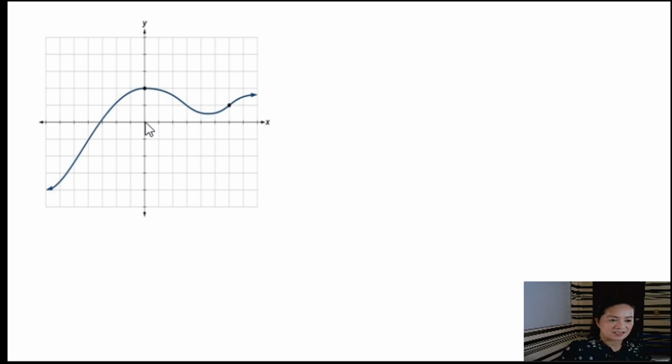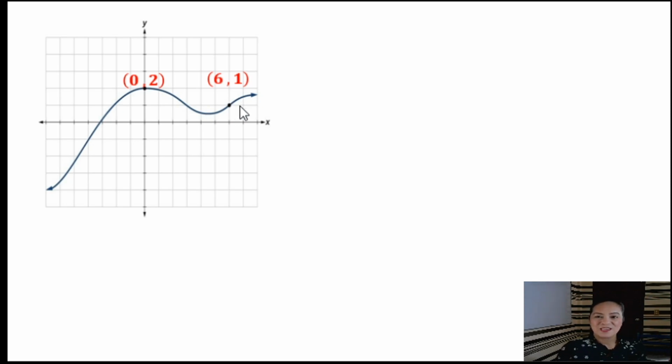Halimbawa, ang x natin ay 0. Tingnan natin yung curve. We have 2, so we have the point 0, 2. And another point, let's say our x is 6. So, we have the point 6, 1.